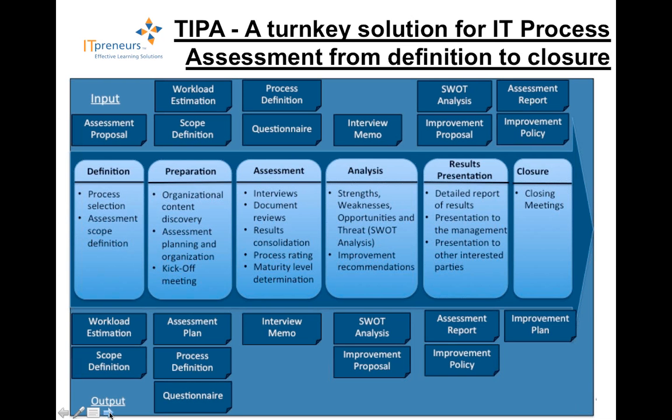Once we do these activities within that phase, we'll be producing a workload estimation. So we'll have a good idea of what the effort for the assessment project will be, as well as a clear scope definition.